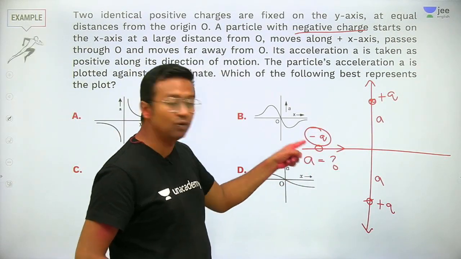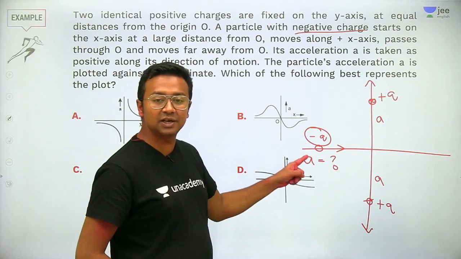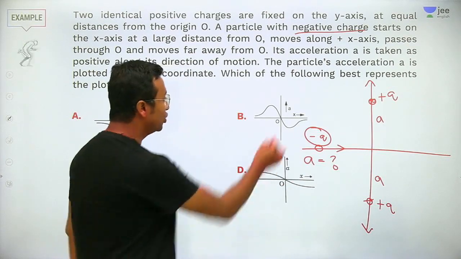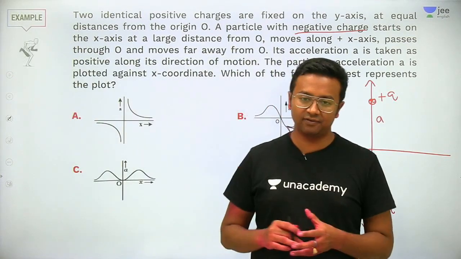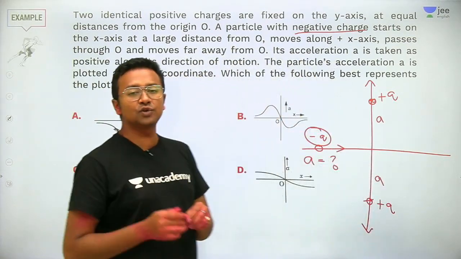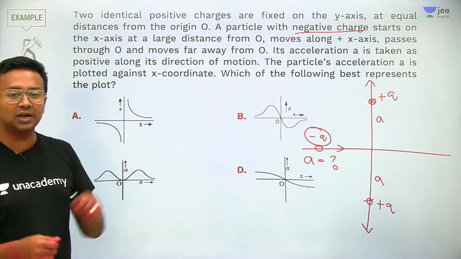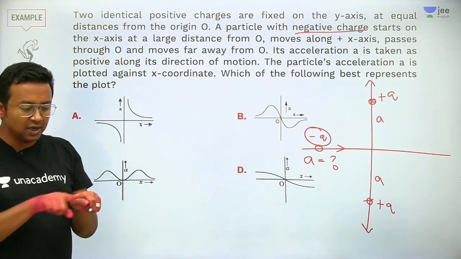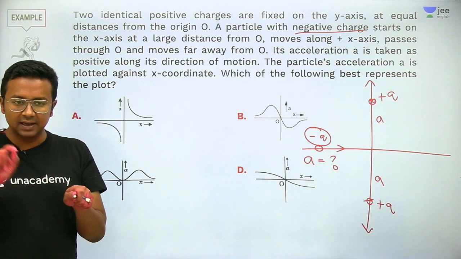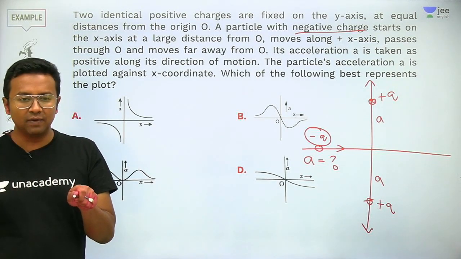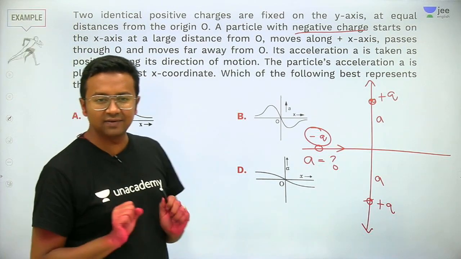All right, they have tried to match the acceleration of this charge against your x. You need to find out which will be the correct graph, which will talk about the variation of the acceleration with the x, that is the x coordinate, wherever the charge is actually moving. Okay, I hope the question is very, very clear.